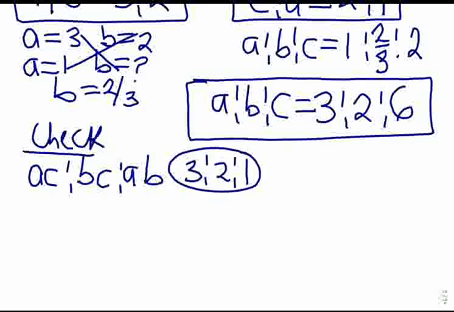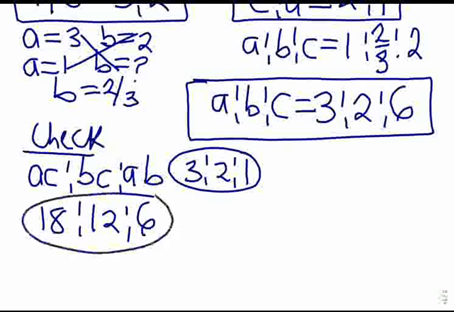Now, AC is A times C, that is 3 times 6, which is 18. BC is the value of B times the value of C, which is 12. And then AB is the value of A times B, which is equal to 6.